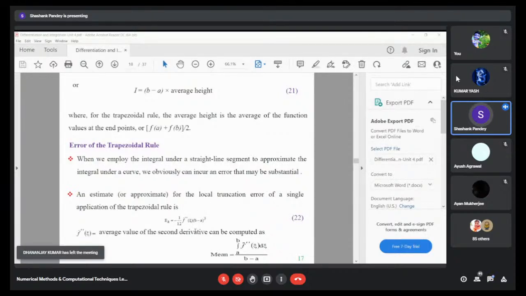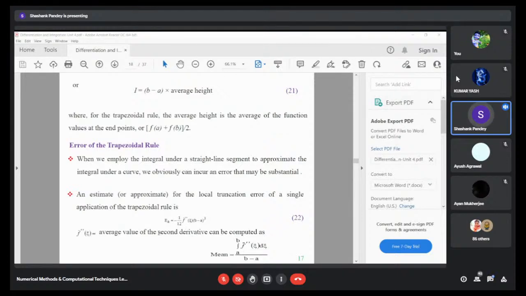We are not going to derive equation number 22. For the trapezoidal rule, the approximate error is minus 1 by 12 f bar double prime epsilon times b minus a. Now let us understand what this f bar double prime is.